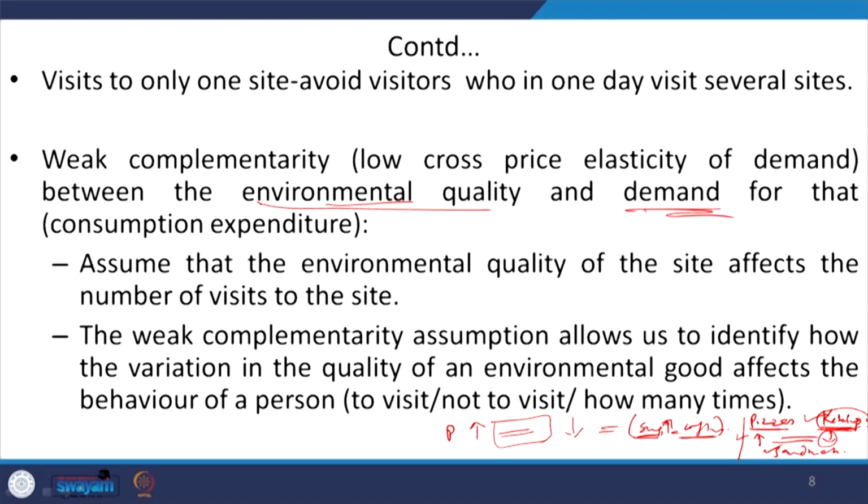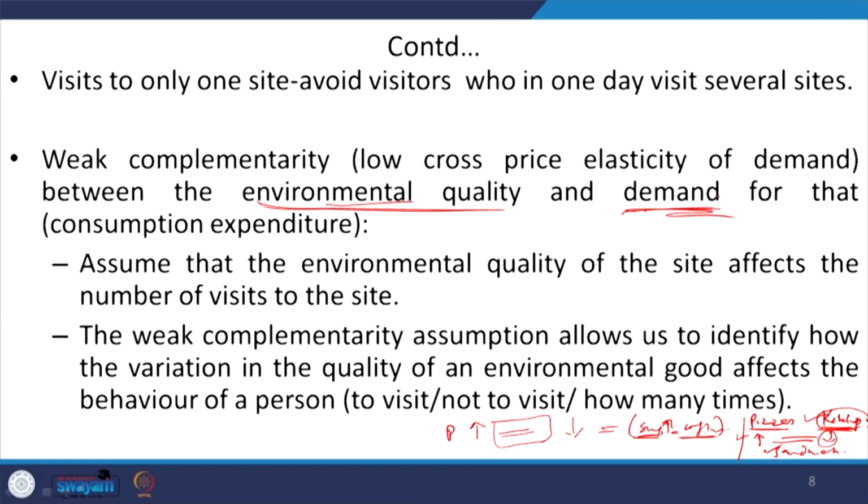Likewise, in the case of environmental quality and demand, we are assuming a weak complementarity, not a very high cross price elasticity of demand. We can assume that the environmental quality of the site can affect the number of visits to the site, but not very strongly.